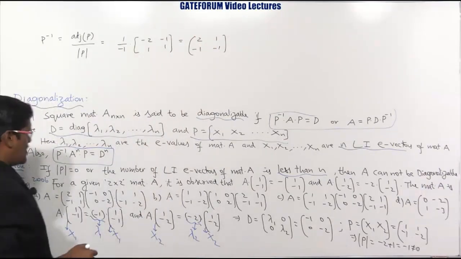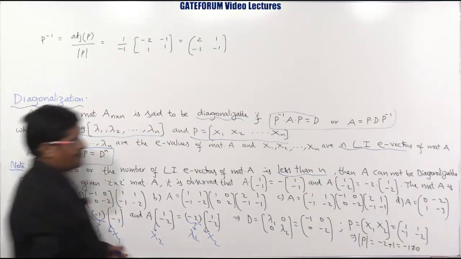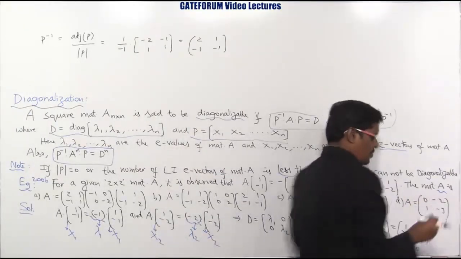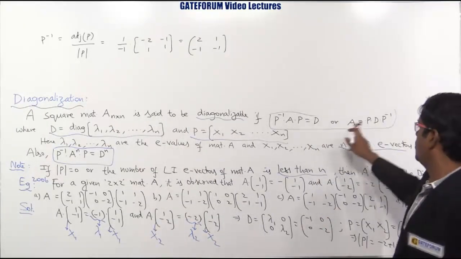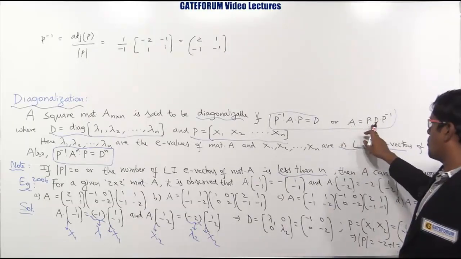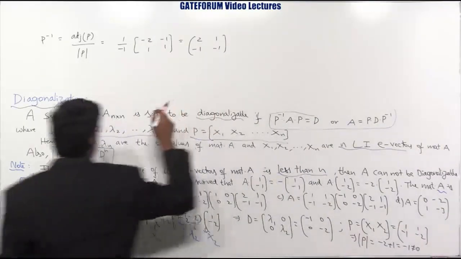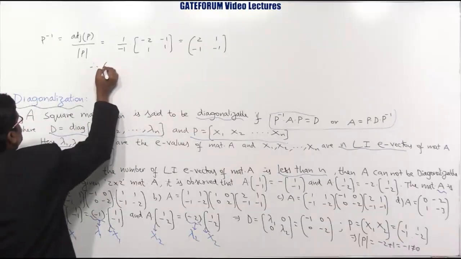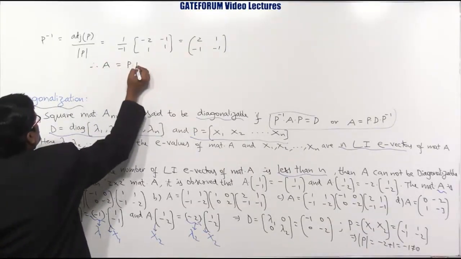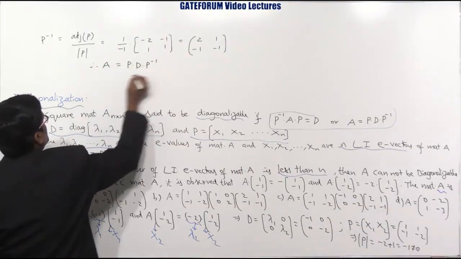Now they are asking for the matrix A. According to diagonalization, the matrix A can be written as a product of three matrices, P into D into P inverse. We got P inverse, P and D. Therefore, A is equal to P D P inverse. What is P?